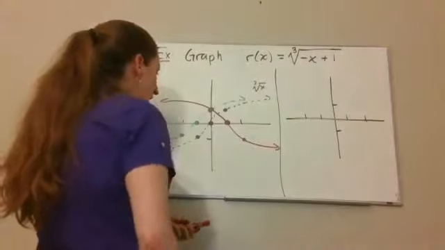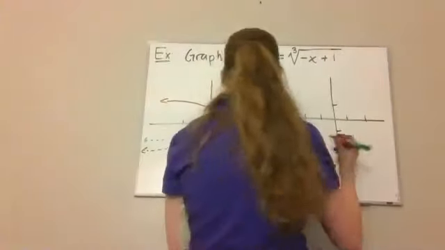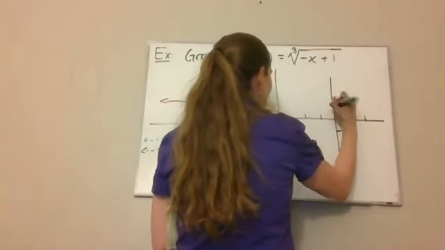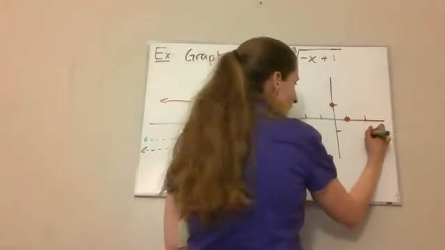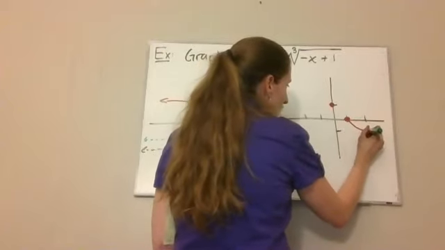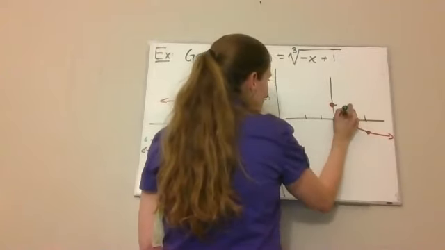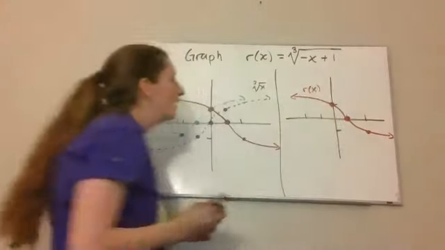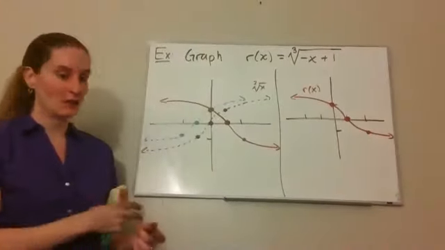So my final graph of r of x has a point here at 1, 0, a point at 0, 1, and a point at 2, -1, and then it still has the general S-type shape of our cube root. Here is r of x for our final answer.